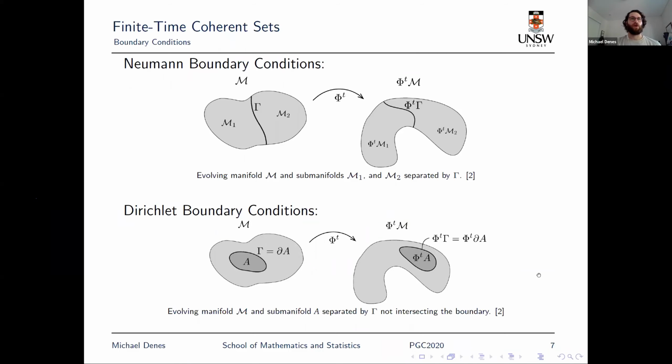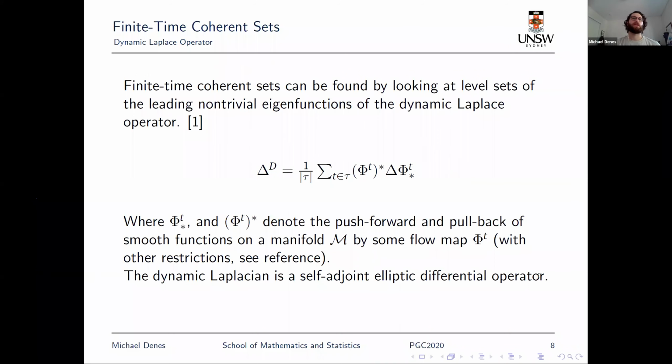How we can actually compute this is through an operator called the dynamic Laplace operator, or the dynamic Laplacian. So you might know of the Laplace operator, which gives us information about how heat can transfer through a given domain. Well, the eigenfunctions of that operator tell us how heat can transfer through a domain.